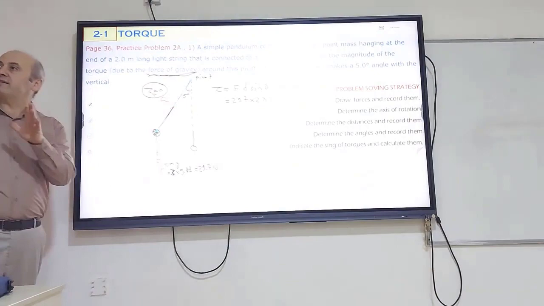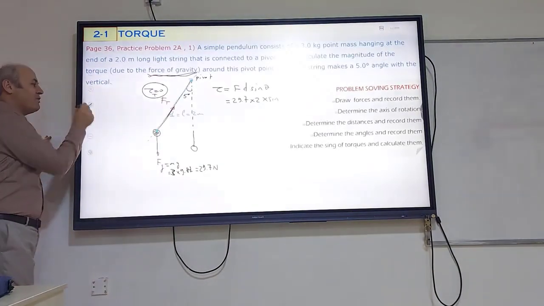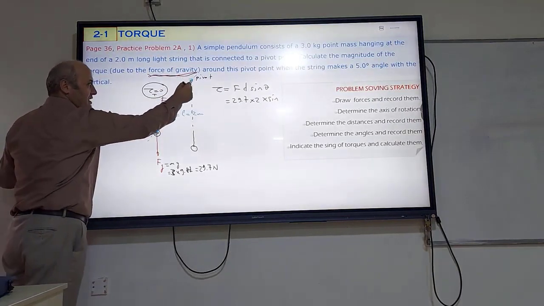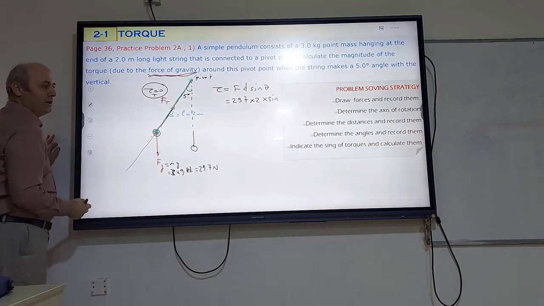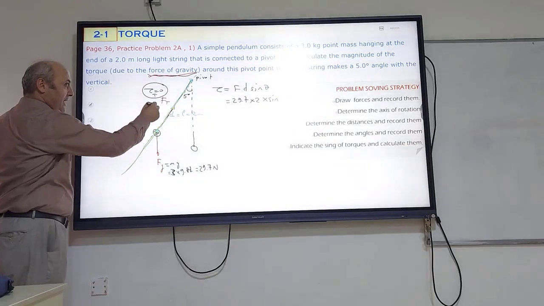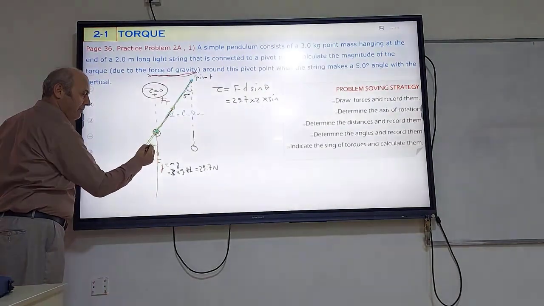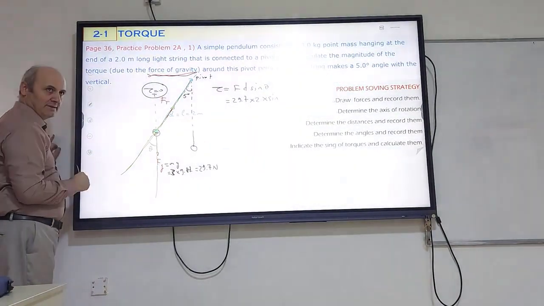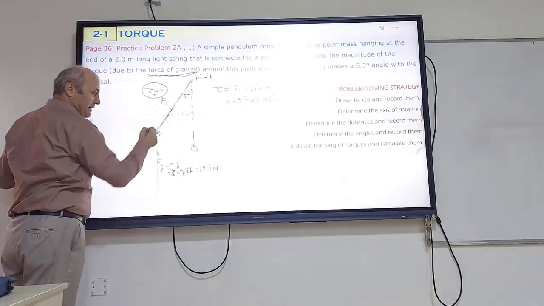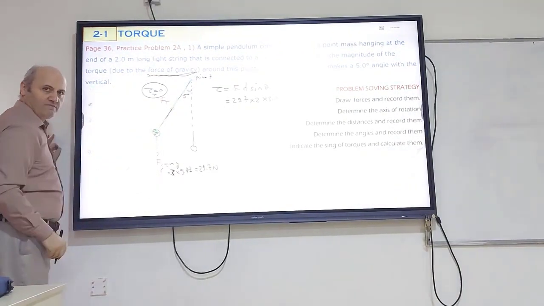We take the angle between the distance line and the force line. Draw a line along the distance. Draw a line along the force. Take the angle between them. This angle and that angle are equal angles. This is also 5 degrees.